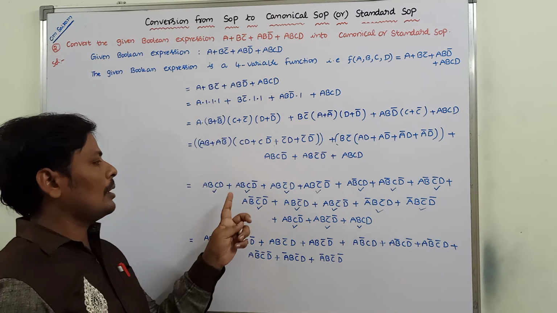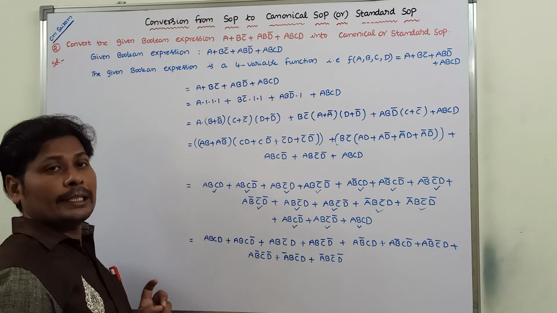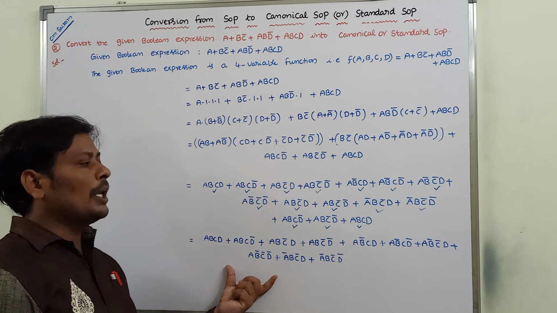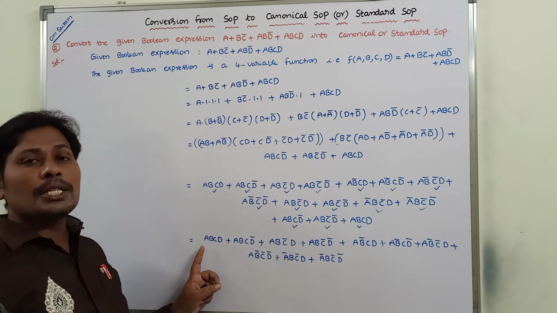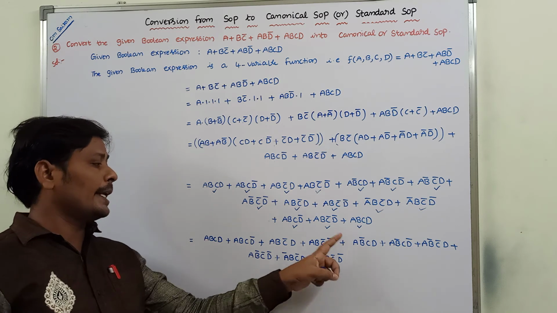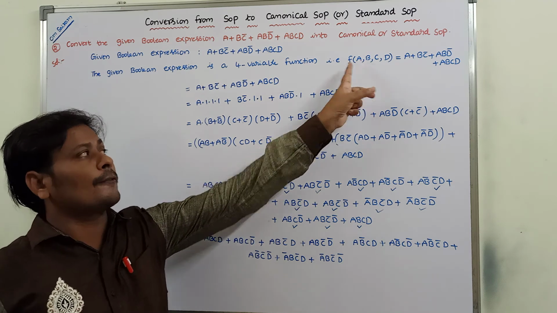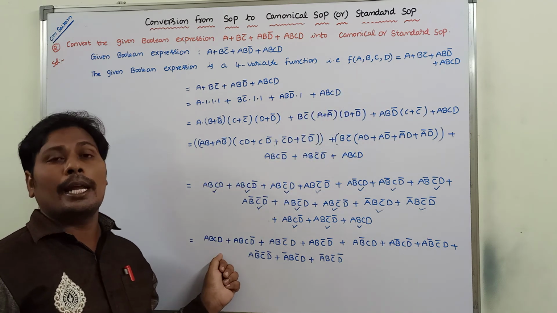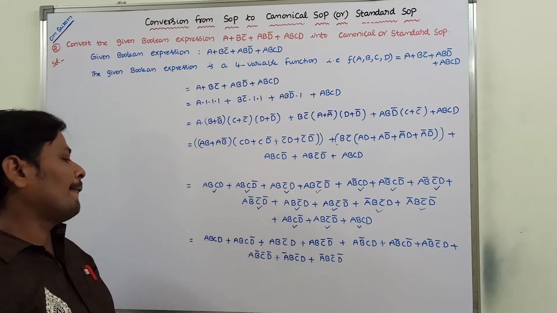Okay. So all the terms are taken after removing the redundant term. So this is the Boolean expression we have obtained. Observing each and every term, each and every term in the given Boolean expression contains all the variables of the given function either in complemented form or in uncomplemented form.